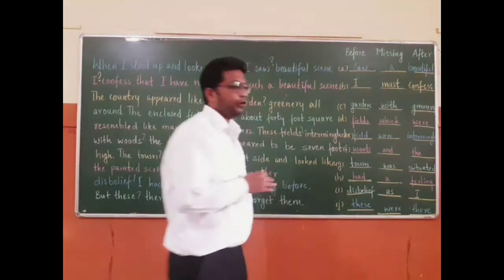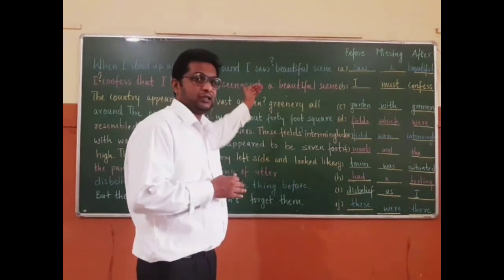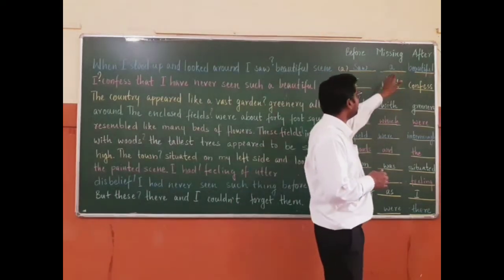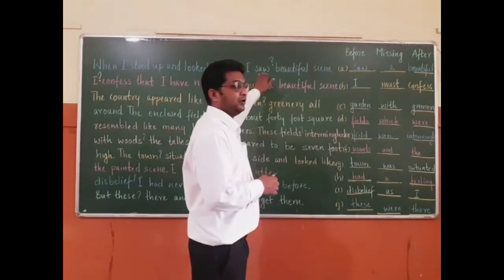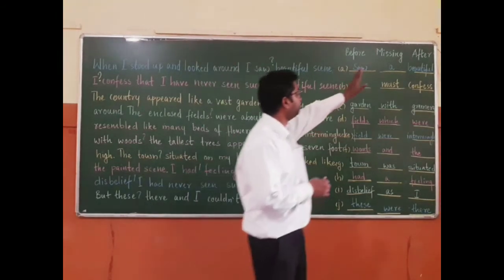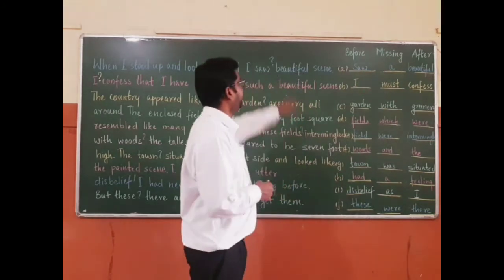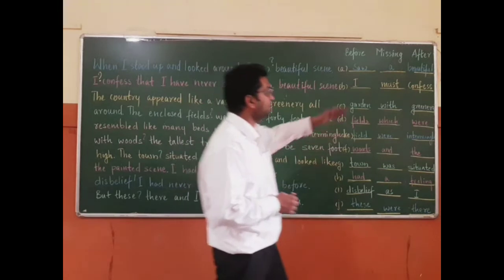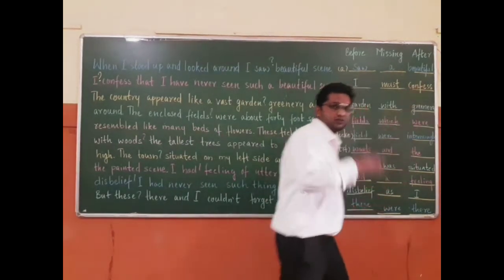So, a will be the word that is missing in this line. Therefore, we will write a here, then saw is the word that comes before the missing word that we have written here, and beautiful comes after the missing word that will be written here.